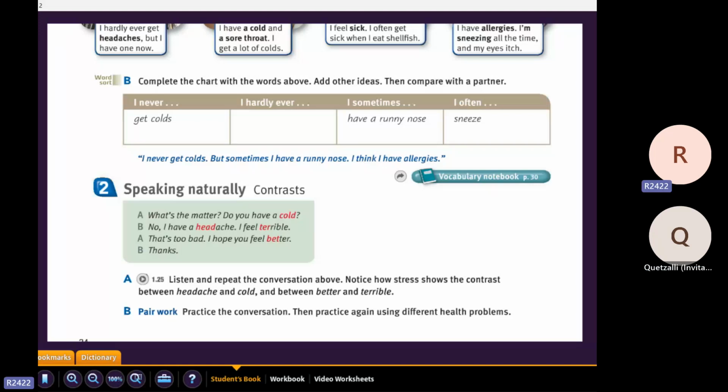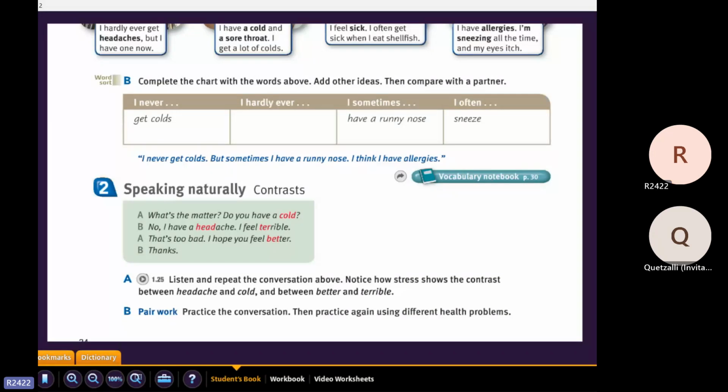For example, I never get colds. Okay, in my case, I sometimes get colds. Right? I never have an allergy. I hardly ever have a backache.